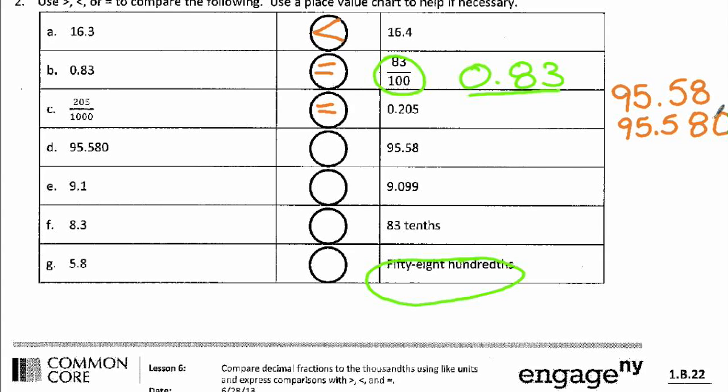Because the top one and the bottom they look different. But when I stack them on top of each other, I see that these are the same, these are the same, these are the same, these are the same, but this place is different.